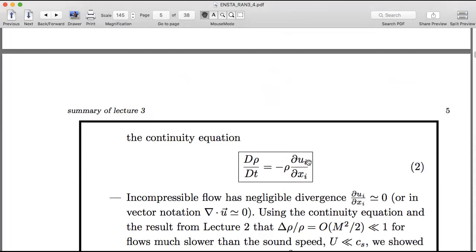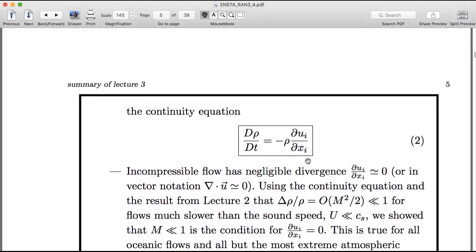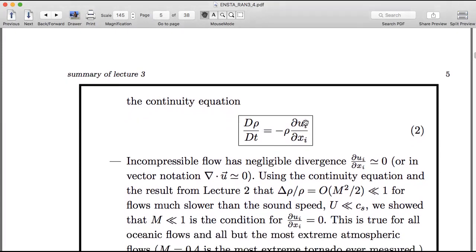Careful: the divergence of the velocity is the trace of the rate of strain tensor, if you like. It's the sum of the diagonal components of the gradient of the velocity. So the index i on top is the same as the index down below, and there's a repeated index, so you have to sum over them. So there are 3 terms in this quantity.